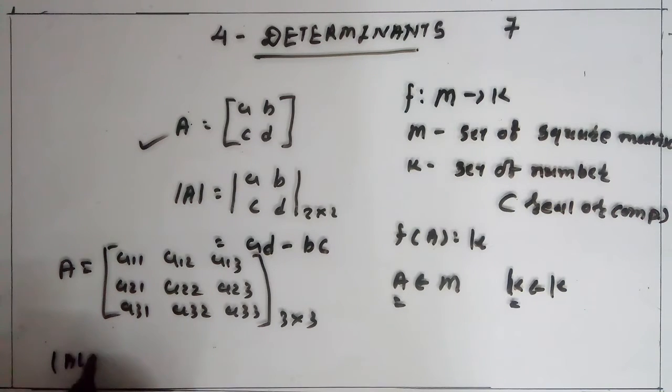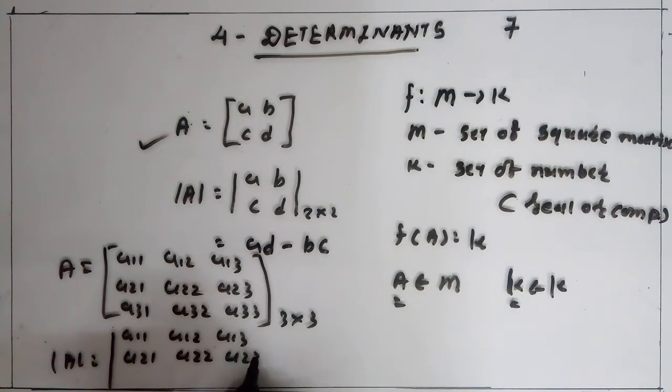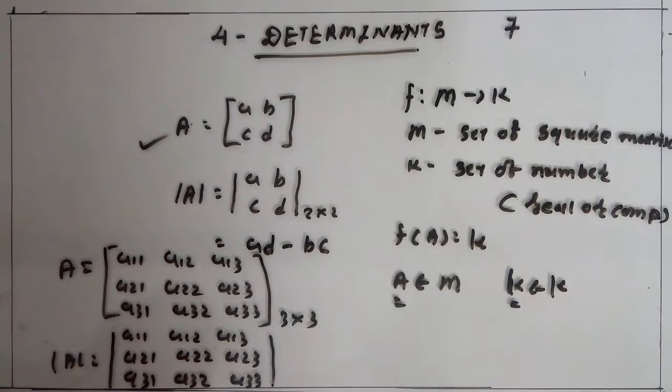Determinant of this is equal to, changing into determinant form, A11, A12, A13, A21, A22, A23, A31, A32, A33. Clear this? Now here we get the value of this determinant.